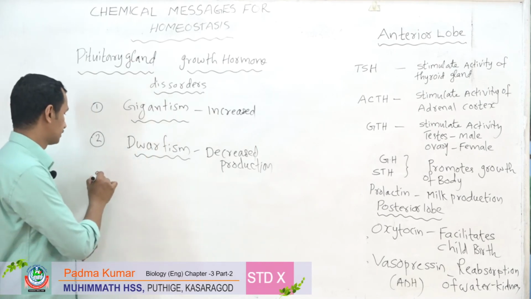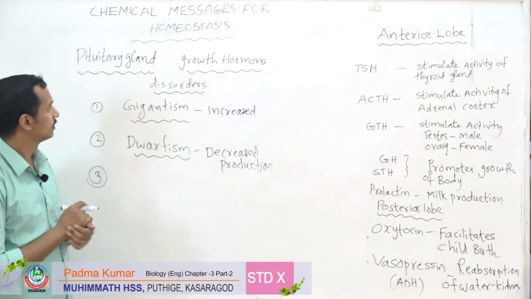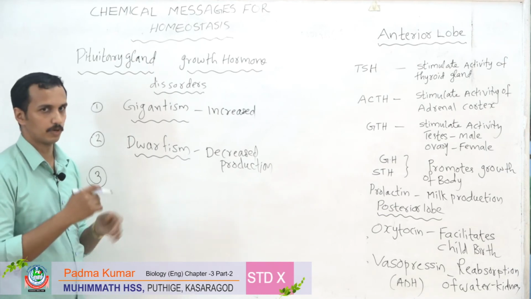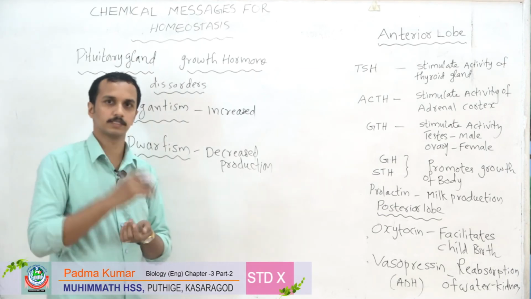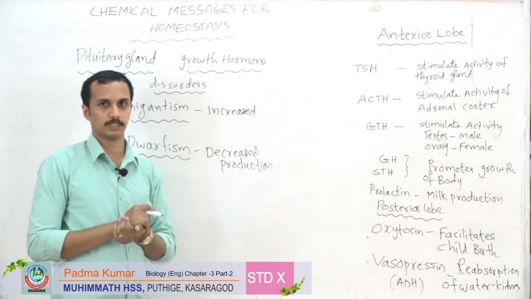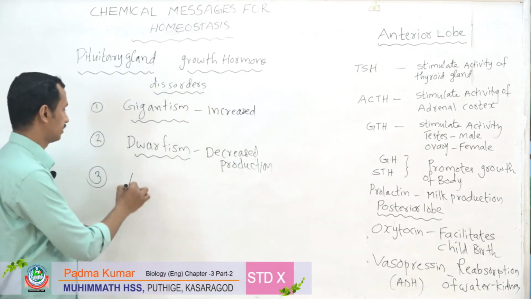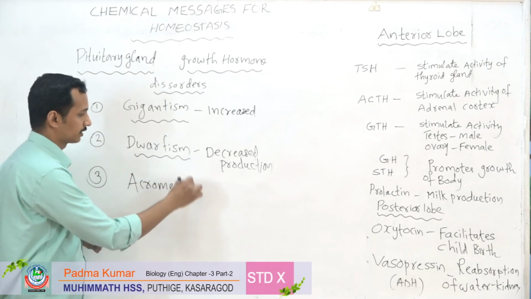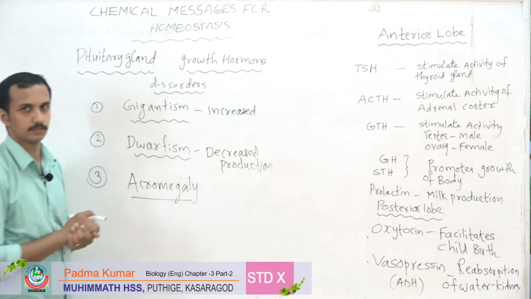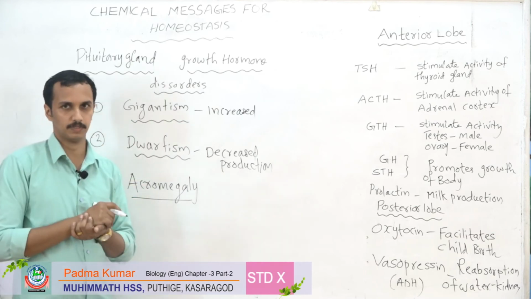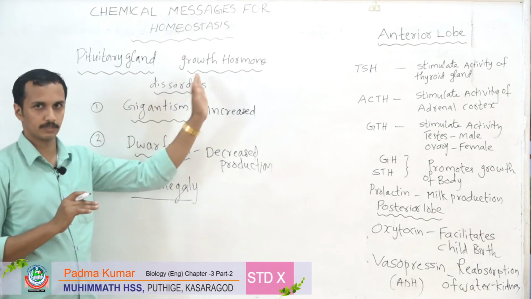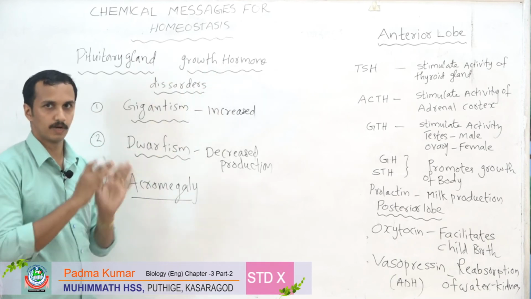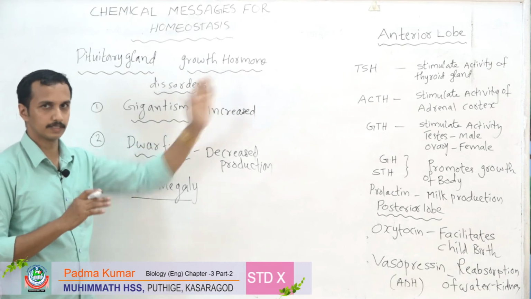Then there is another disorder. Suppose the synthesis or production of growth hormone or somatotropin increases after the growing stage. It leads to a condition known as acromegaly, usually in older people. After the growing period, if the growth hormone increases, what happens?